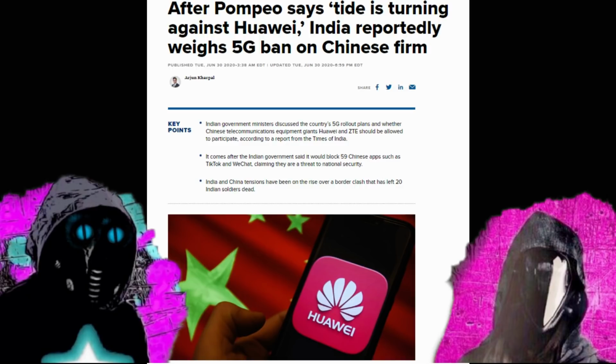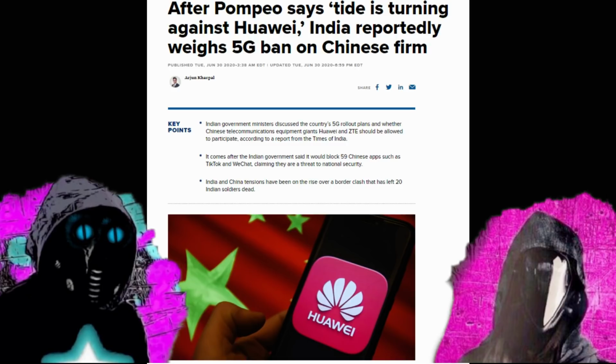Well, they should be. They have reason to be worried because China is definitely showing some brute force lately with India, and I would be concerned too with the security aspect of things with regards to any Chinese tech within that country.